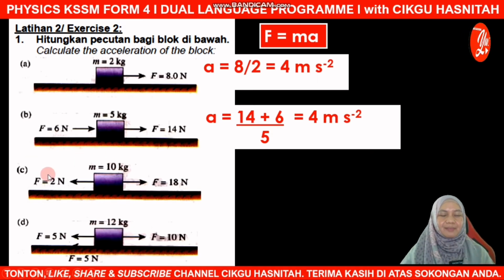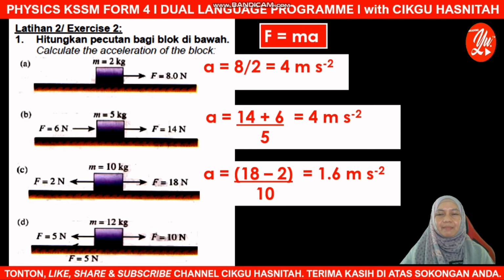So I hope you're clear with that. How about C? Again, in C, there are two forces acting on the box of 10 kg, 2 Newton to the left and 18 Newton to the right. So what will be the acceleration? Yes, it is 1.6 meters per second squared. Now we subtract the two forces since they are acting in the opposite direction.